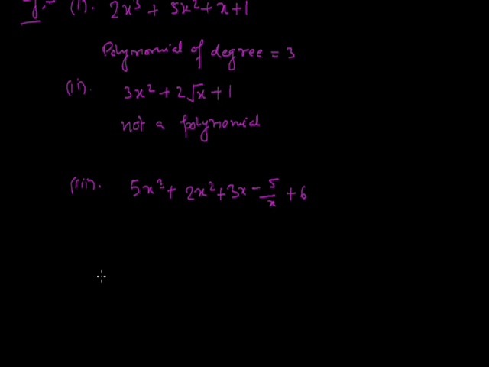Here we see that in the first term 5x cubed, the degree of x is 3, in the second term 2x square, the degree of x is 2, plus 3x, the degree of x is 1, and minus 5 upon x, the degree of x is minus 1. So this is not a polynomial.